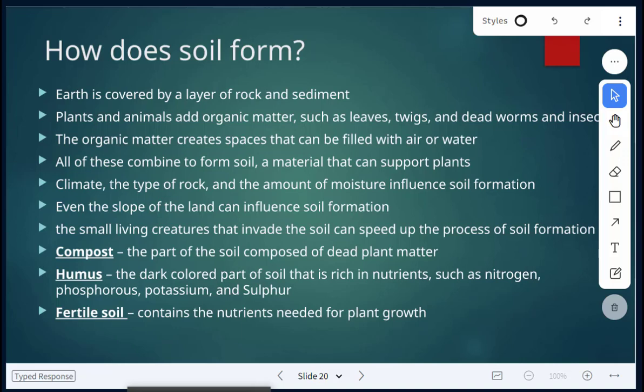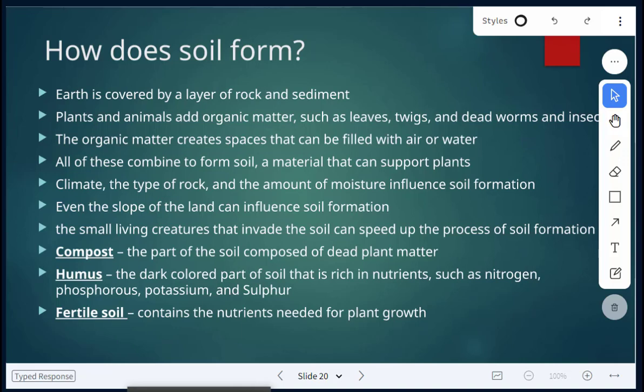Climate, the type of rock, and the amount of moisture will influence the soil formation. Even the slope of the land will also influence soil formation. Small living creatures, like we saw when we were doing Unit 2, like microorganisms, bacteria, earthworms, so on, that are living in the soil or invade the soil, can speed up the process of soil formation.